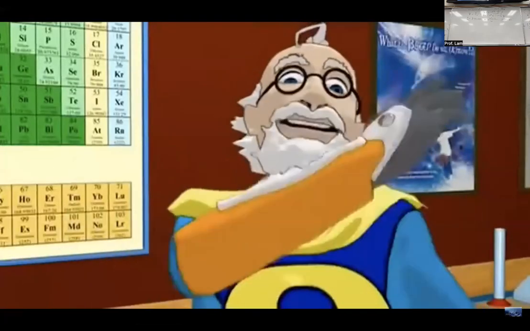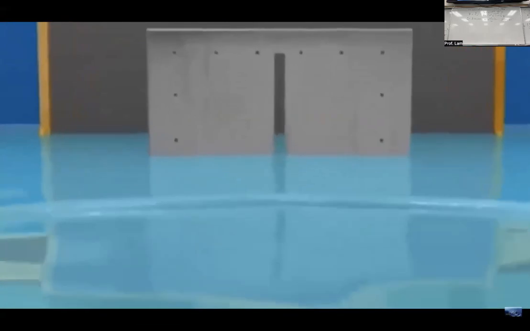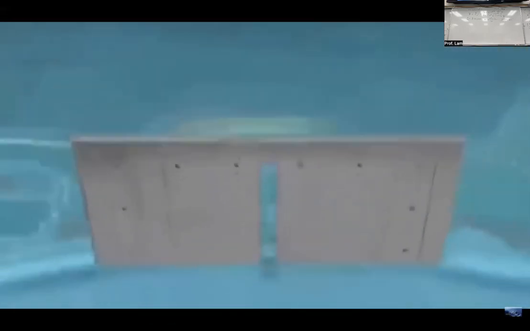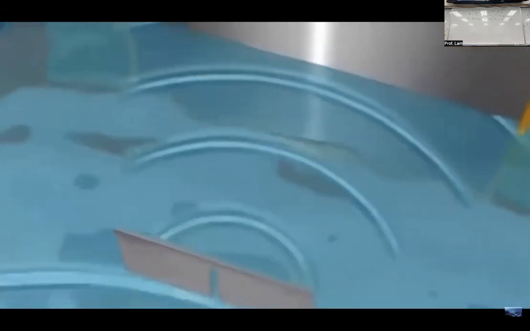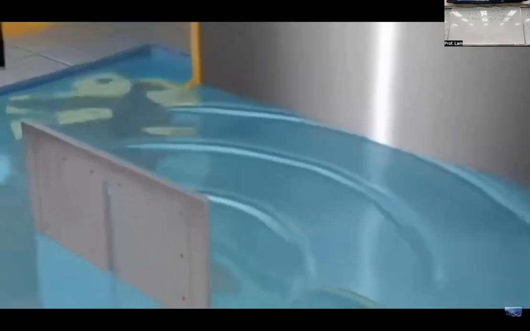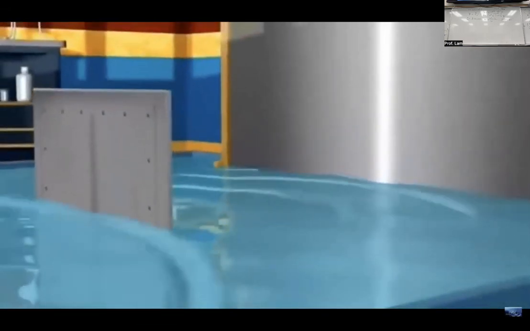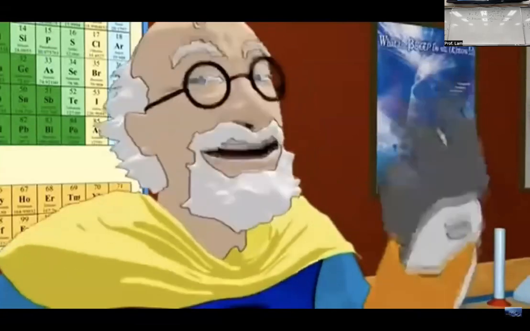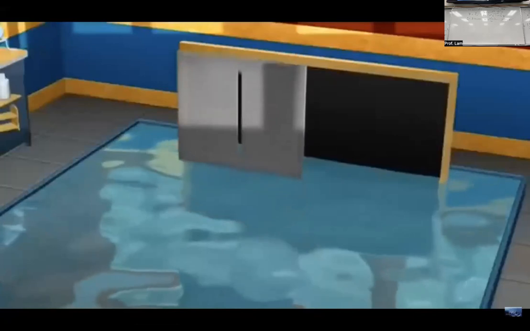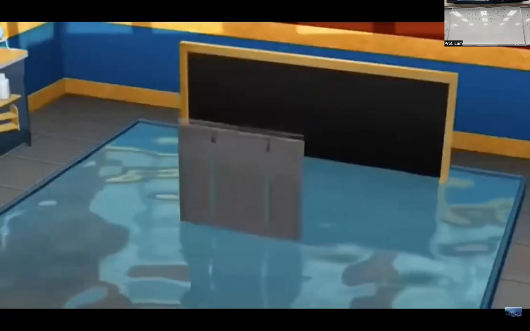Now, let's look at waves. The waves hit the slit and radiate out, striking the back wall with the most intensity directly in line with the slit. The line of brightness on the back screen shows that intensity. This is similar to the line the marbles make. But when we add the second slit, something different happens. If the top of one wave meets the bottom of another wave, they cancel each other out.